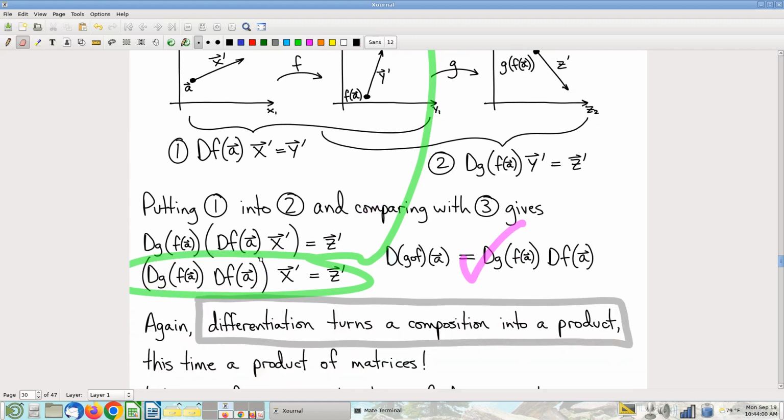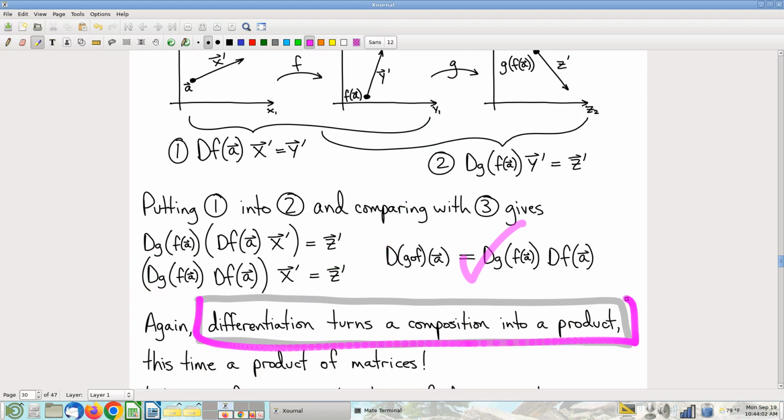Notice again, differentiation turns a composition into a product. We had a composition of multivariable functions, and we get that the derivative is a product of the individual derivatives. It's just that it's now a matrix product, because the equations we had been working with, with which we've been copying the single variable argument, are matrix algebra.